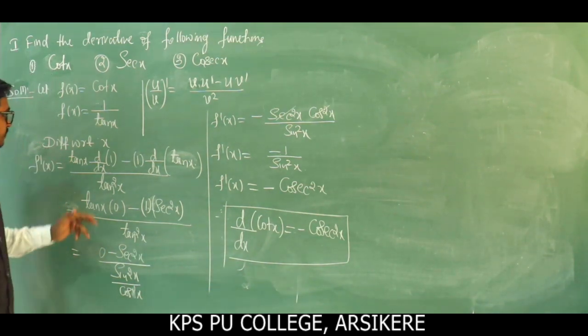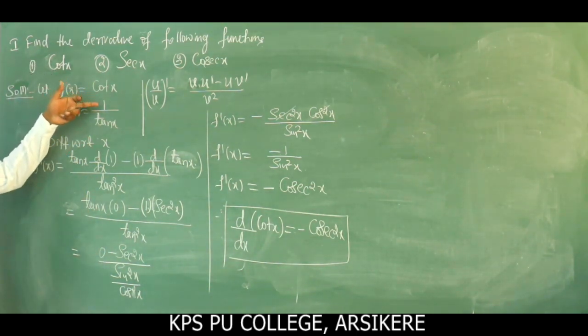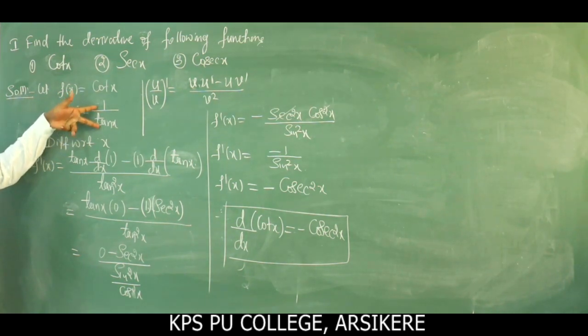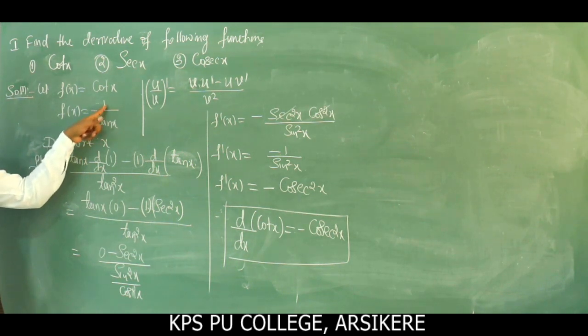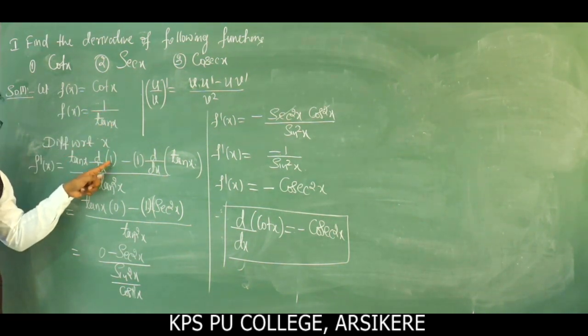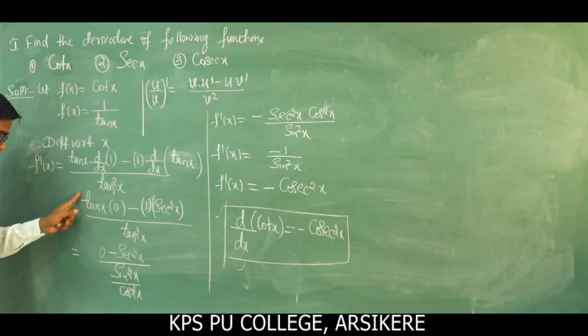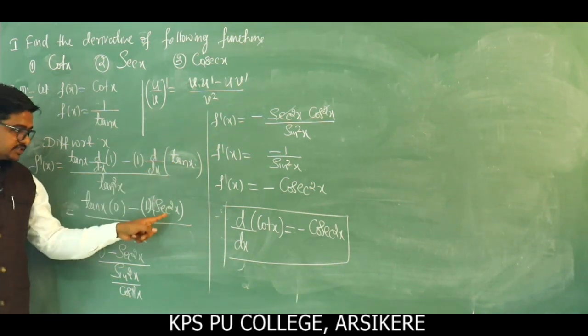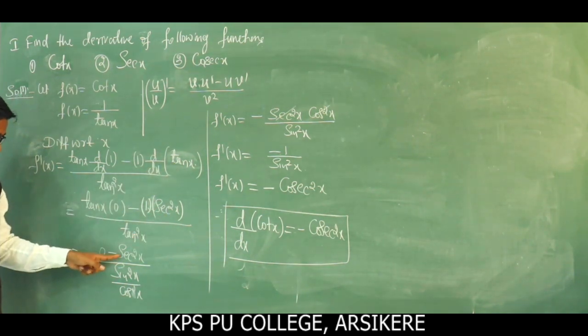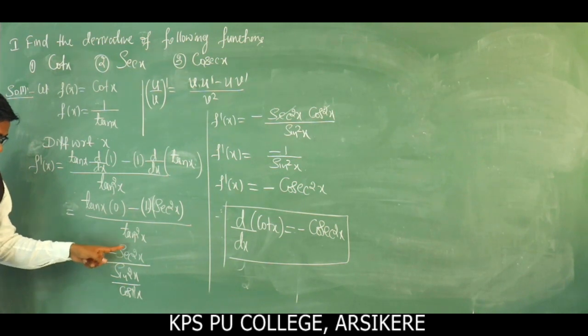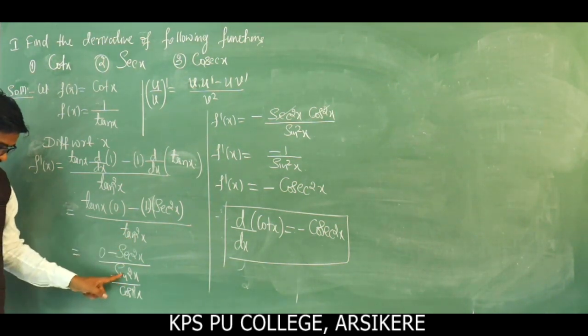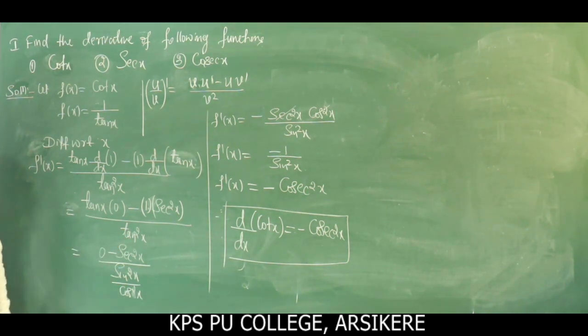So the concept is very simple. We take the reciprocal of cot, which is 1 by tan, then apply the u by v rule to find the derivative. So for tan x into the derivative of the numerator, which is 1, the derivative of 1 is 0, so tan x into 0 is 0, and the derivative of tan x is secant square of x. In the numerator we are left with minus secant square of x, and tan square of x can be written as sin square x divided by cos square of x.